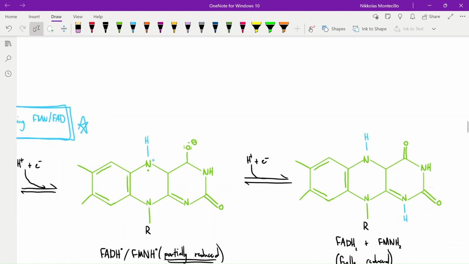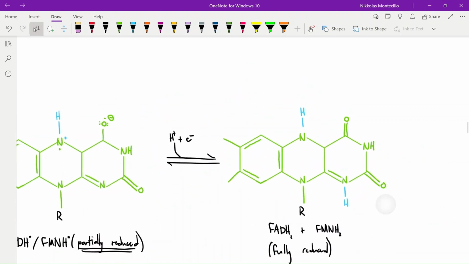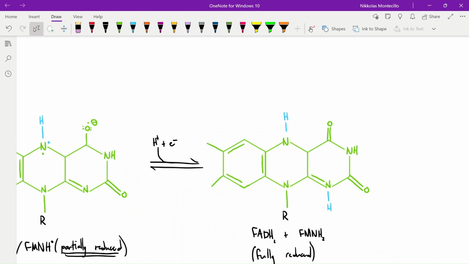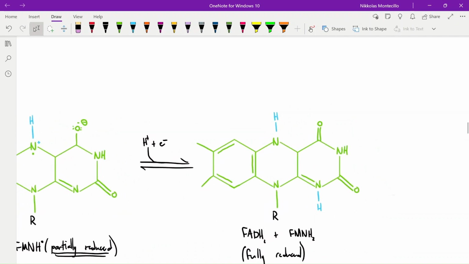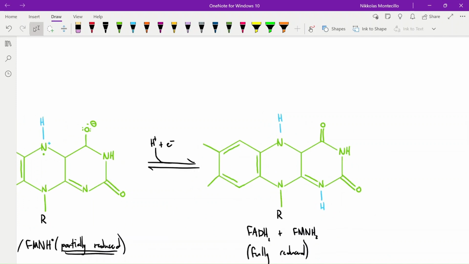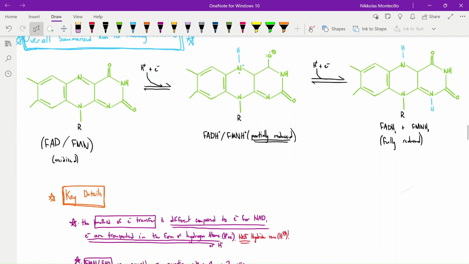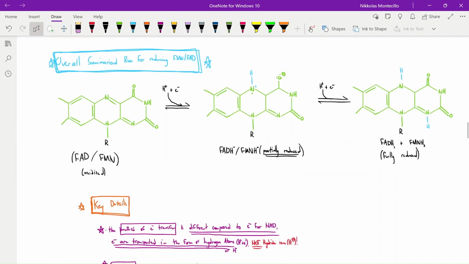However, to fully reduce it, there needs to be another attack, so FAD and FMN are reduced twice to be fully reduced.